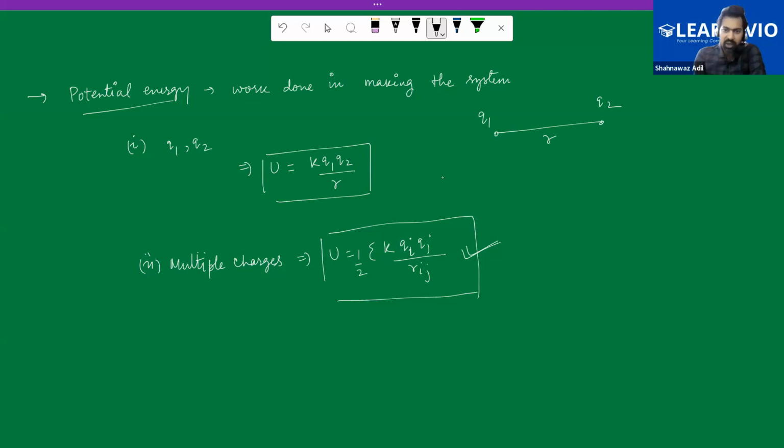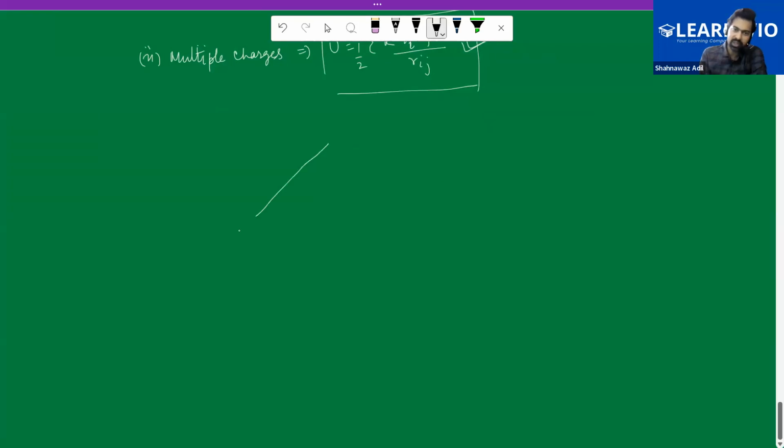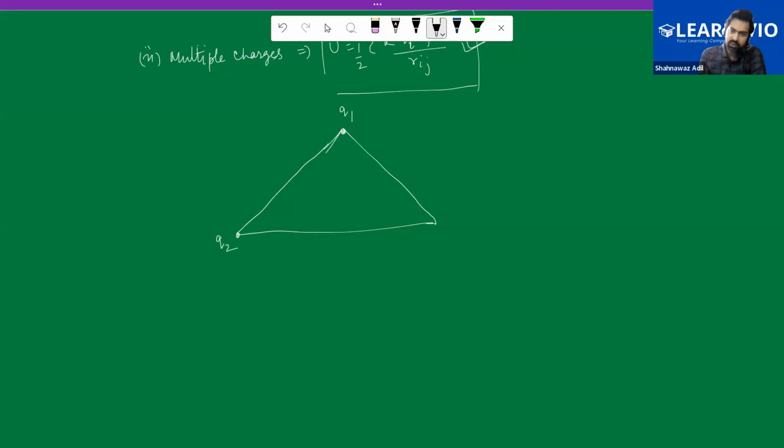So let us take one example of a triangular charge, right? So we have three charges, and let's say this is Q1, this is Q2, this is Q3. And let's say this distance is R12, this distance is R23, and this distance is R13. Right. So what we have to do is count the contribution of two charges at a time.